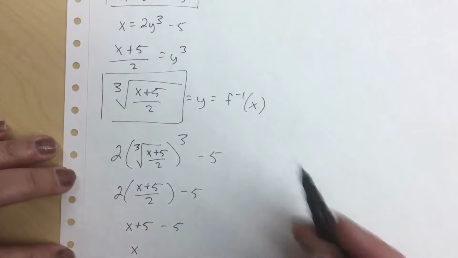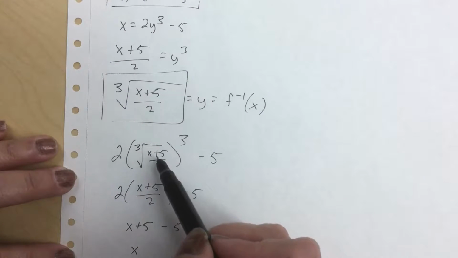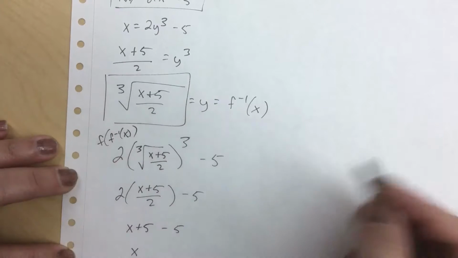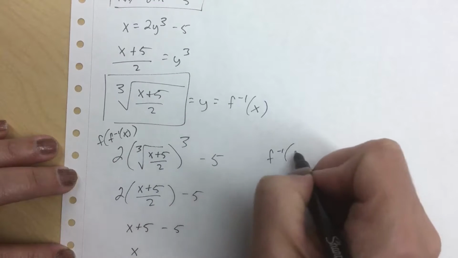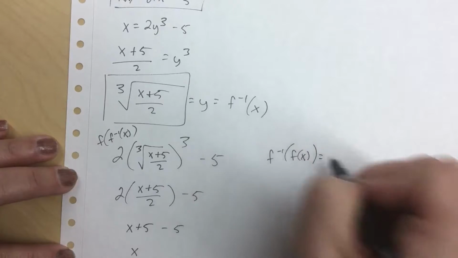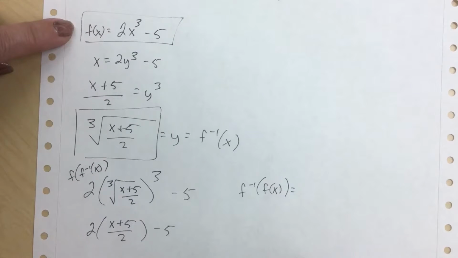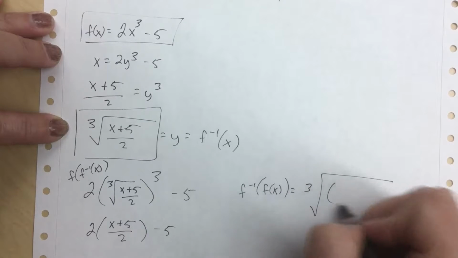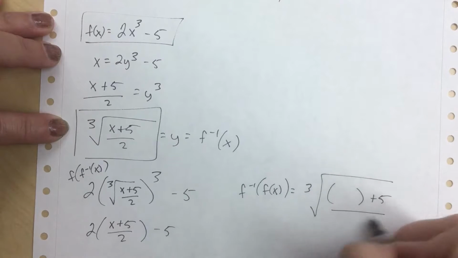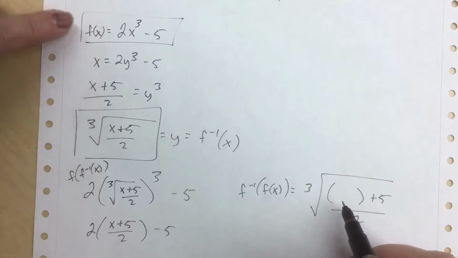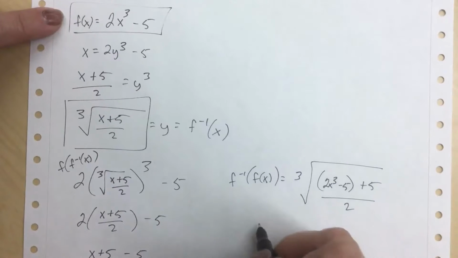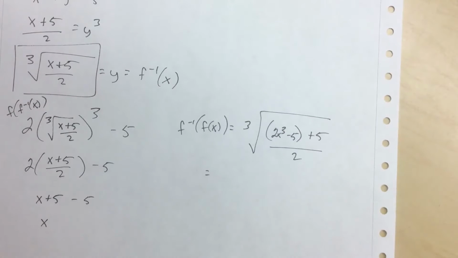You've shown that this is f of f inverse. Now we've got to do f inverse of f. So I take the f function and put it in there. I start with the cube root of something plus 5 divided by 2. Well, the something is this function, 2x cubed minus 5. You have to do order of operations correctly to show what cancels out.